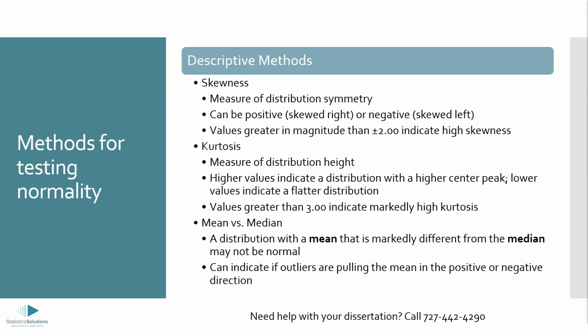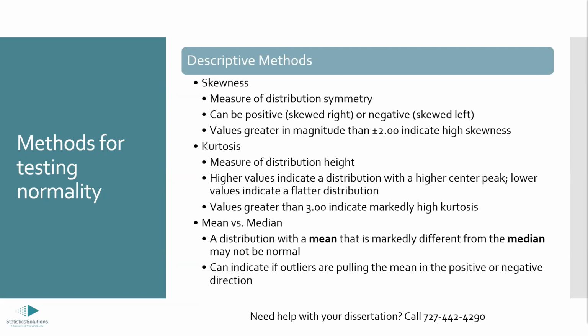And so values of skewness can be either positive or negative. So higher positive values indicate that a distribution is skewed in the positive direction or skewed right. And negative values indicate that a distribution is skewed in the negative direction or skewed left.